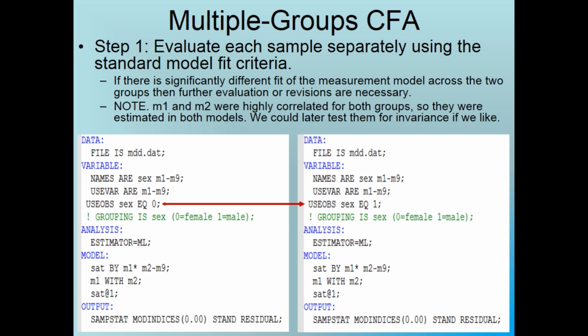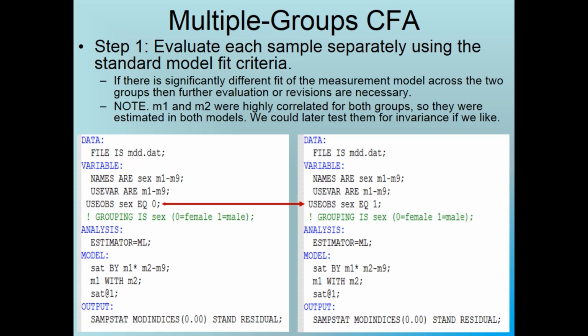Again, we're going to use ML estimation, and we're going to estimate the factor loadings for all 9 items. In other words, we're not going to fix any of the unstandardized factor loadings at 1. This will allow us to test whether all 9 items have equal or unequal factor loadings across the groups.